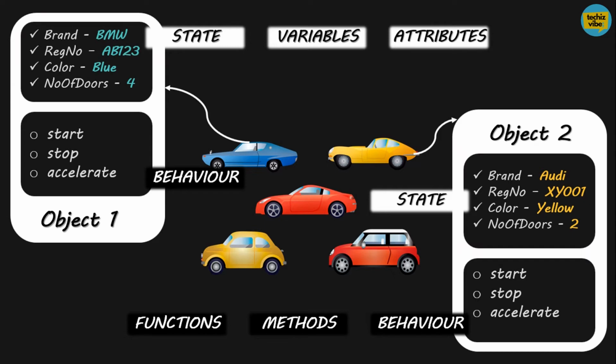But yes, they are different in their own way. Like object 1 can have brand name as BMW, register number as a random number, color as blue, number of doors, let's say 4, and object 2 can have brand name, register number as again some random number, color as yellow, number of door as 2.